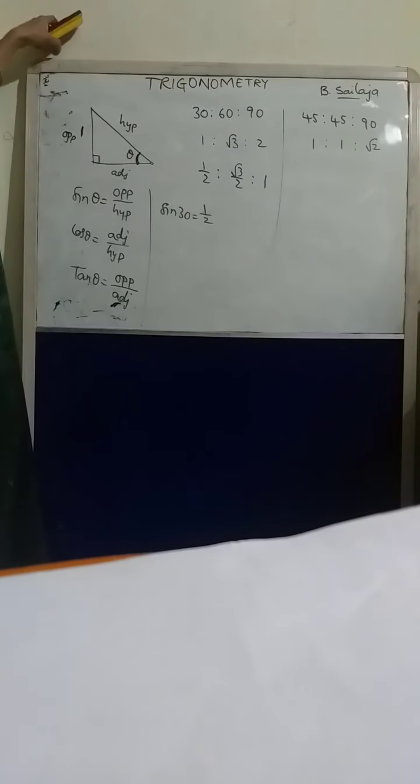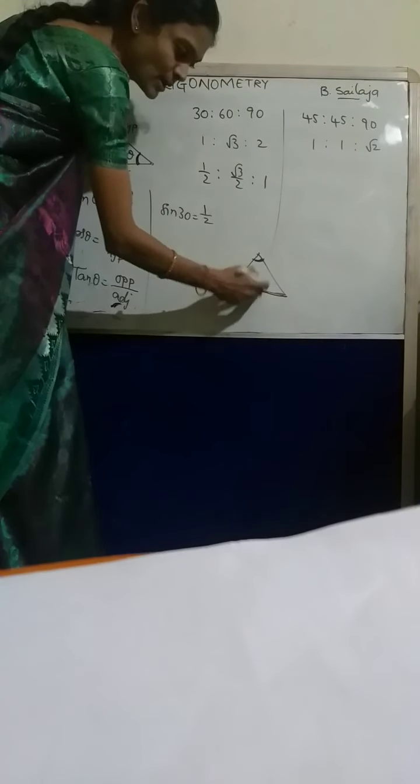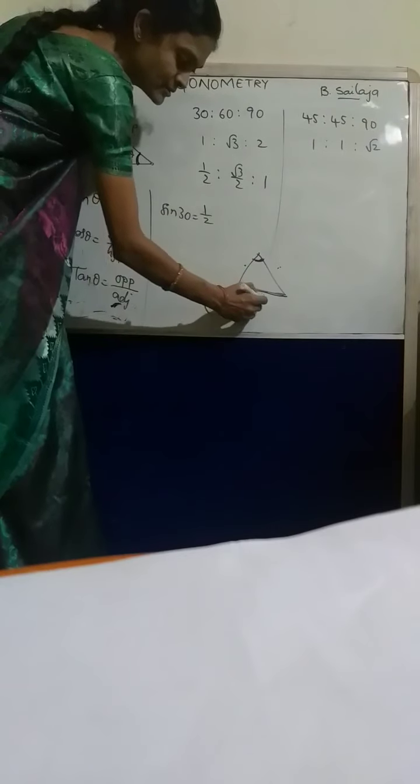Okay? In trigonometry, in whatever triangle, one rule is there. If any triangle has one angle that is large compared to the remaining two, then the opposite side length is very large compared to the remaining two sides.